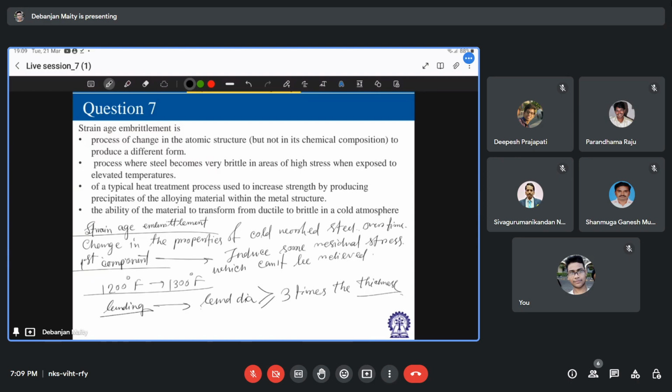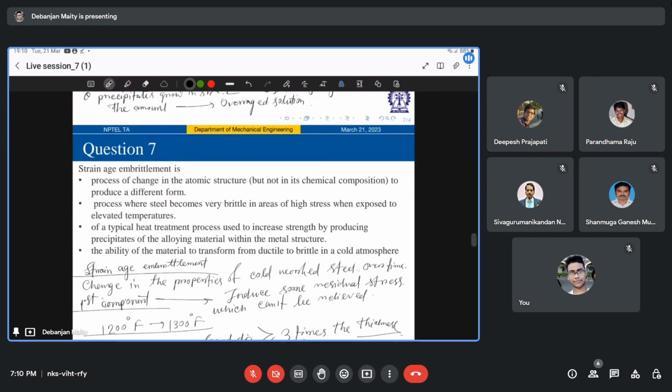And if you're doing some punching, when punching is necessary on thicker steel, the holes should be reamed at least some 1/16 inch around the edge of the hole. Okay. So these are some approaches through which you can reduce the occurrence of strain age embrittlement.